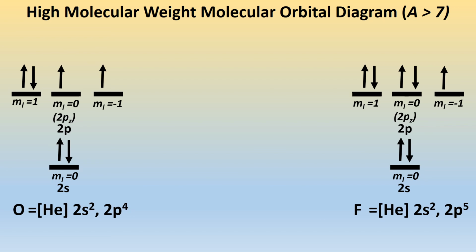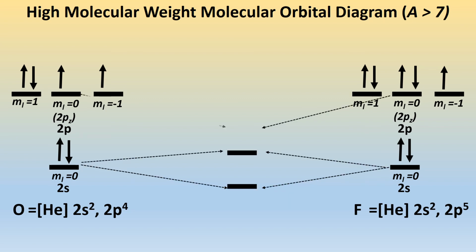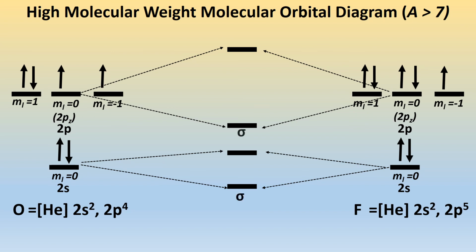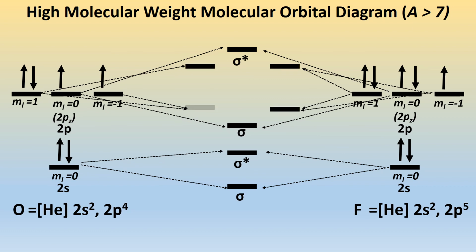We will now build the OF molecule, where once again, with angular momentum being conserved, everything from an m sub l equals 0 state forms a lambda equals 0 state, which is sigma and sigma star. Similarly, everything from an m sub l of 1 forms an m sub lambda of 1, and these orbitals become pi and pi star.